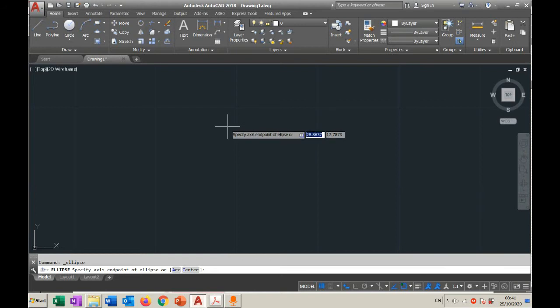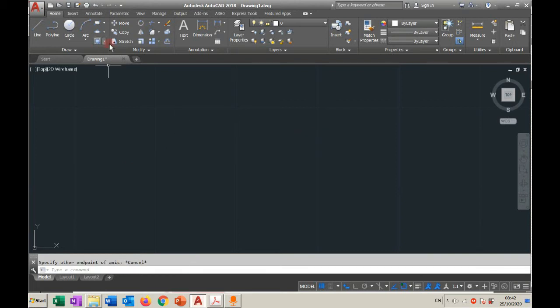Specify axis endpoint. No need for hashtag, sorry. 10, 10. This is the starting point. Then, if you read the command line, it says specify other endpoint of axis. Other means that you are on the same axis, but you're providing the other point. So if you make a mistake, you realize that, okay, I don't have the other point. Let me press escape.